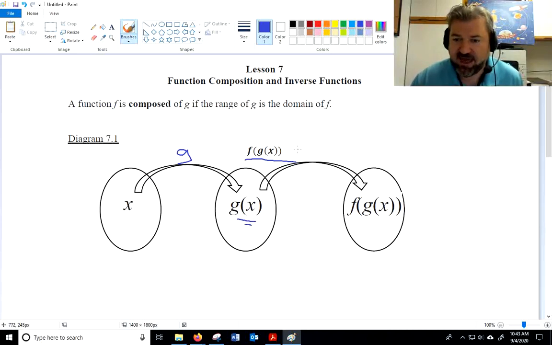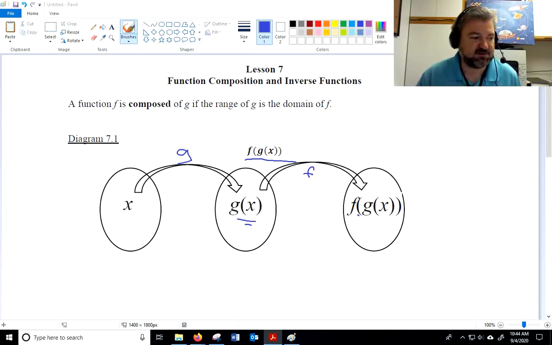Then f is going to map those values of g of x over to f of g of x. So a number gets mapped by g over to its range, which then gets mapped by f to the final destination.